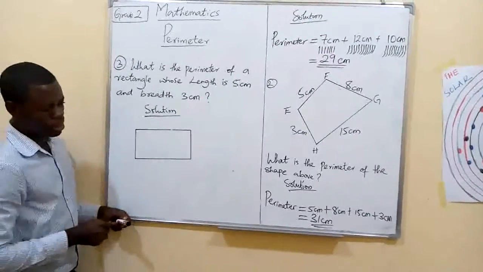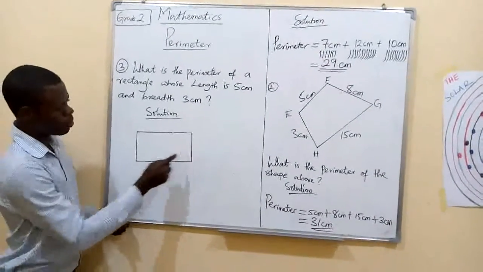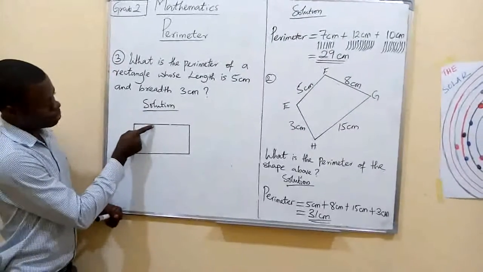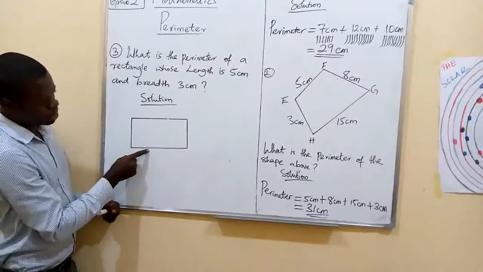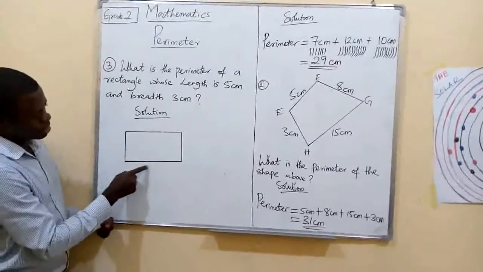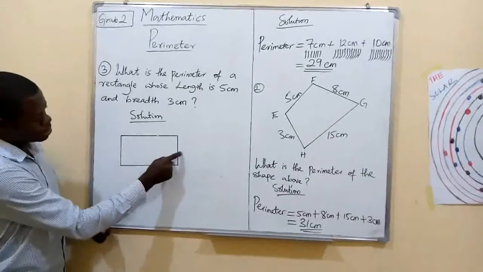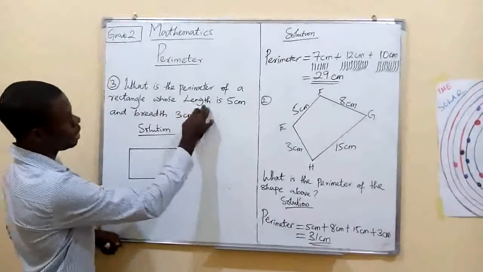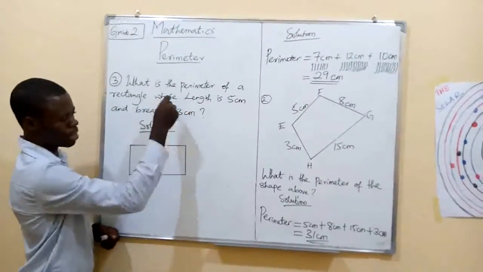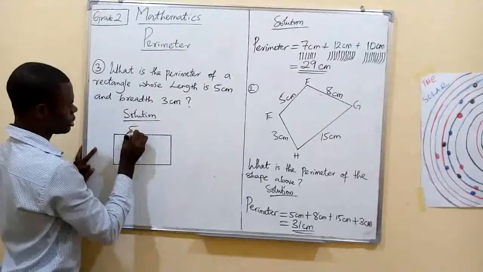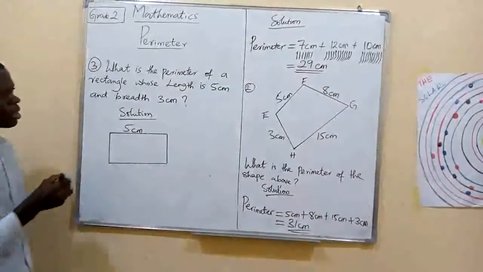This side is known as the length and this other one is known as the breadth. You agree with me that this side is equal to this side in length, isn't it? That means this is length, this is length, and this is breadth, and this is also breadth. So if the length in the question is 5 centimeters, that means this side is going to be 5 centimeters.